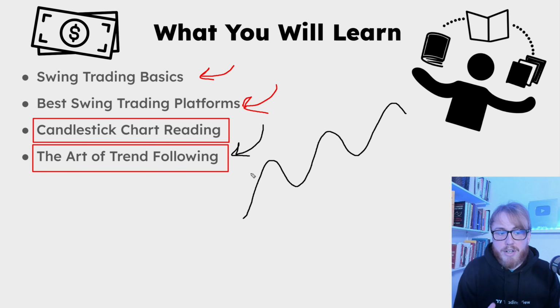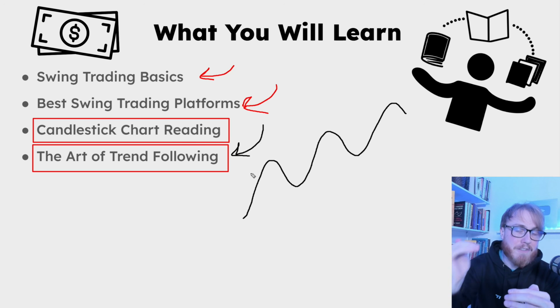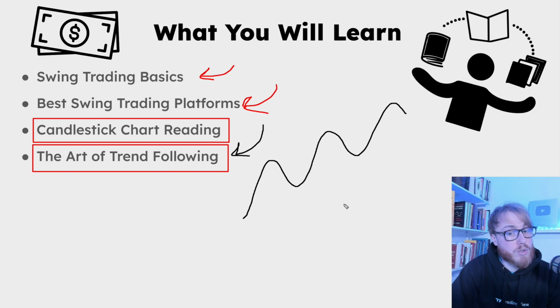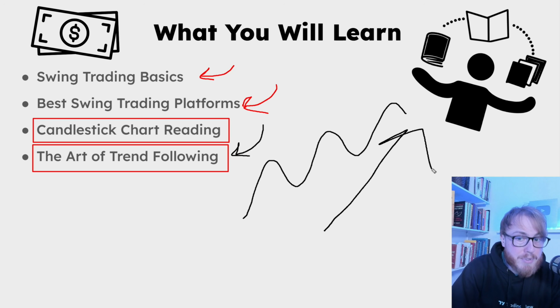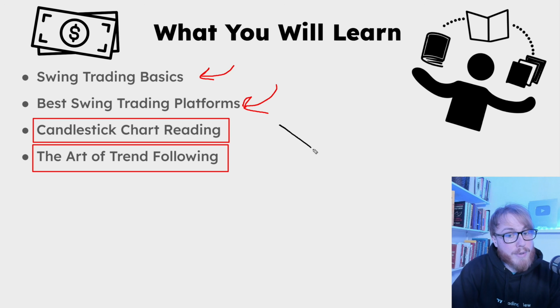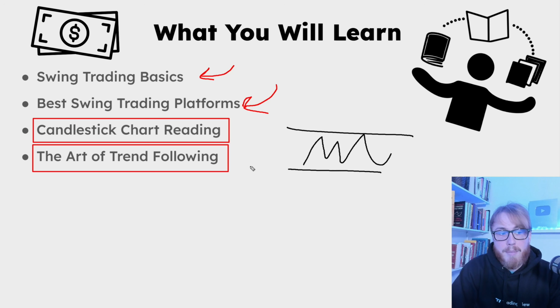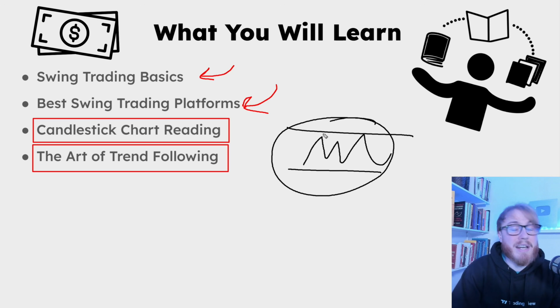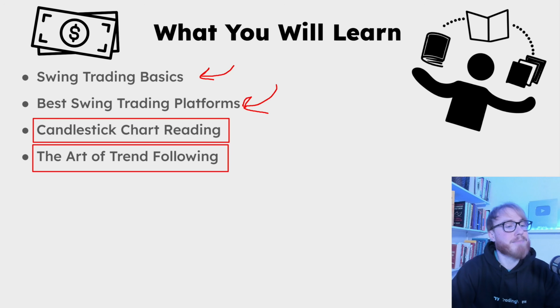So in order to trade in the same direction as the trend, we need to have some specific rules that we can apply to know whether we are in an uptrend or a downtrend, or perhaps we are in a sideways market. Most swing trading strategies come from following the trend. You also have a few strategies that can be used in trading ranges, or in other words, sideways markets as well. But chapter 4 here is some real good stuff.